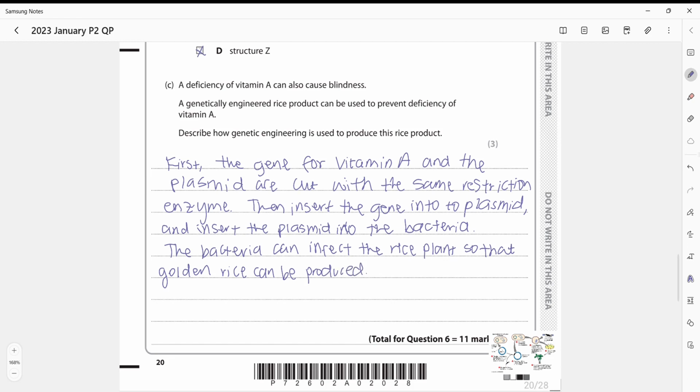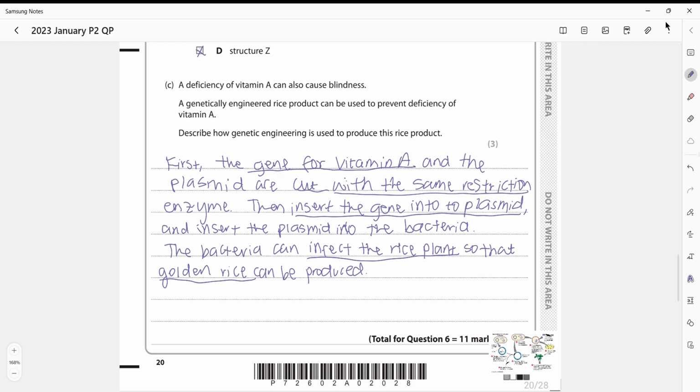Okay, so let's go through the points. So you would need to cut out the gene for vitamin A, so that's 1 mark, with a restriction enzyme, that's a 2nd mark, and then insert the gene into the plasmid, that's a 3rd mark, and then infect the rice plant, or you can say infect the rice genome, that's a 4th mark, and that can produce golden rice, that's a 5th mark.